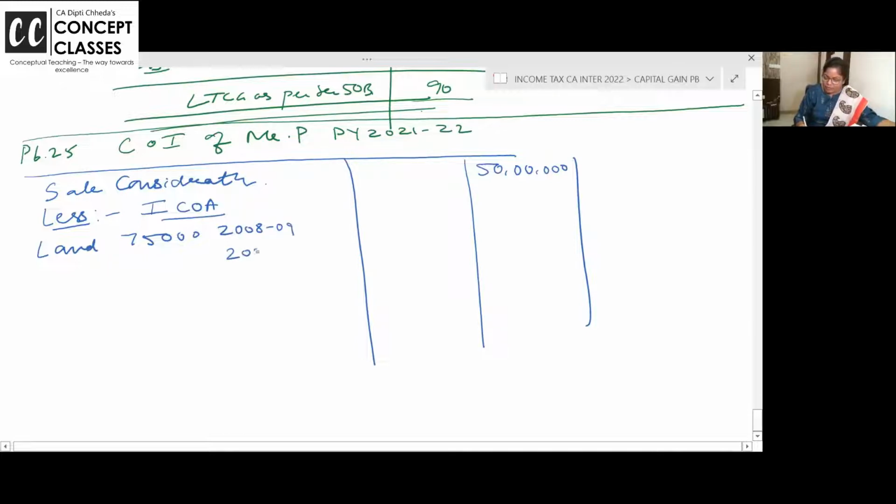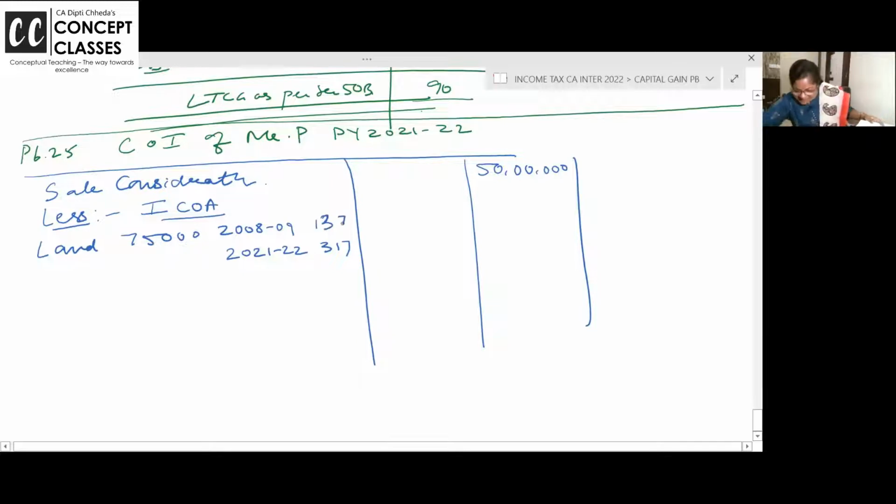So what will it be in 21-22? Check the index for 2008-09. 8-9 is how much? 137. Thank you, Mahesh. Good.